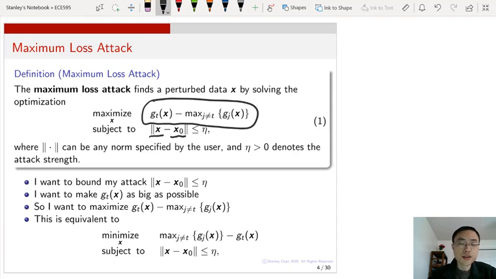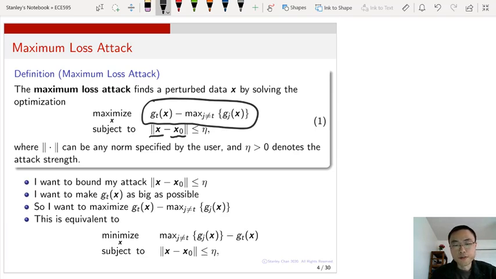Now, why is it called the maximum loss attack? Let's look at the constraint first. First of all, the constraint says that my optimization variable compared to my input data point x0 has to be no bigger than a parameter eta. So this eta is giving you the upper bound on the distance that x can travel in the adversarial attack setting.